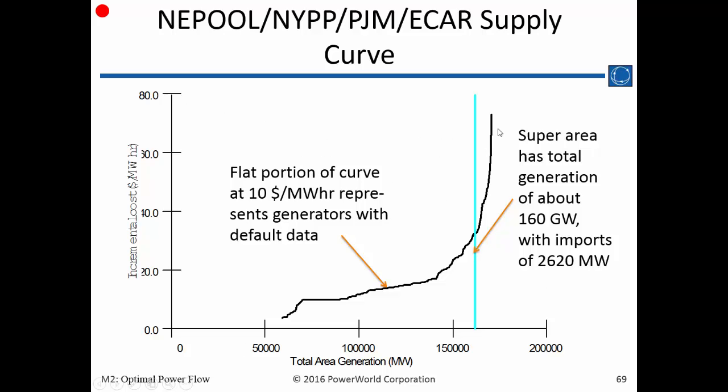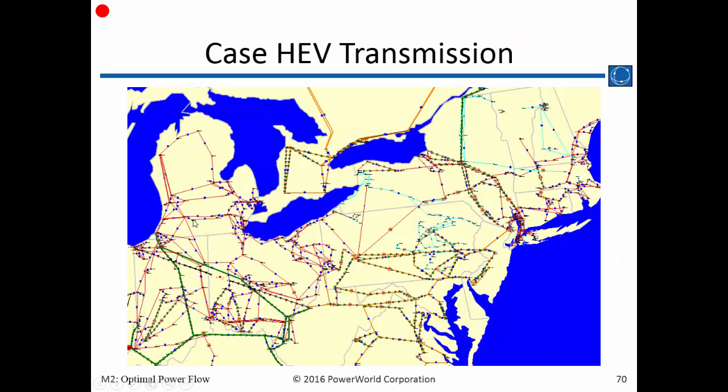The supply curve looks like this. If we ignore transmission constraints and assume that demand is fixed, the demand curve is vertical and comes here. So if we ignore transmission constraints, you'd get a single LMP everywhere at this level. But of course, with transmission constraints, you get different LMPs.